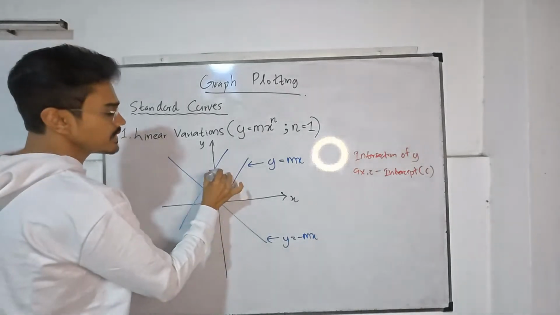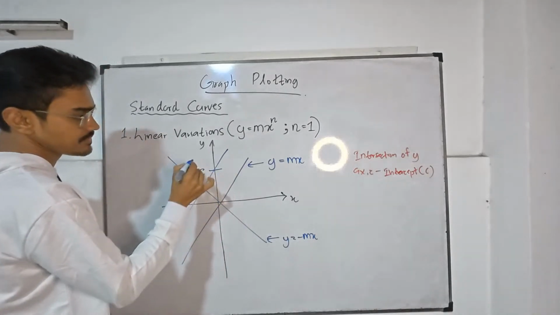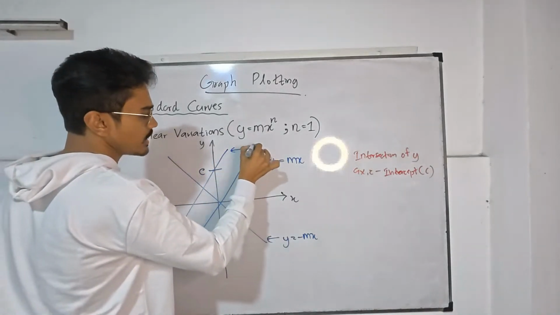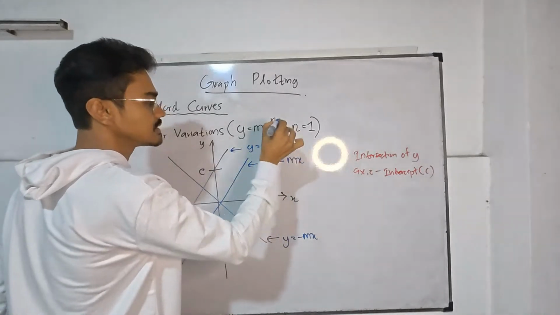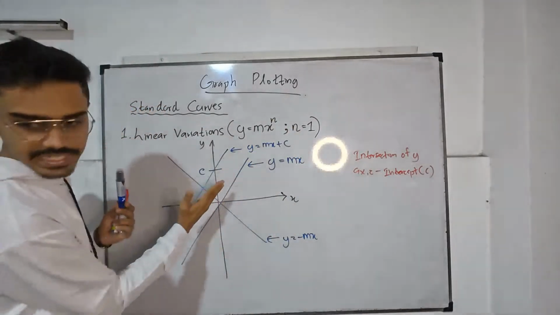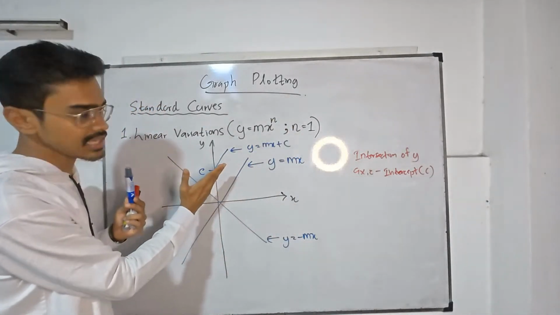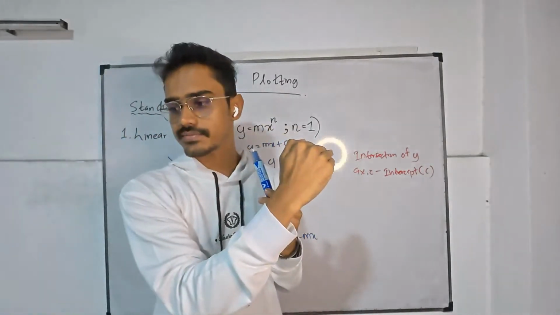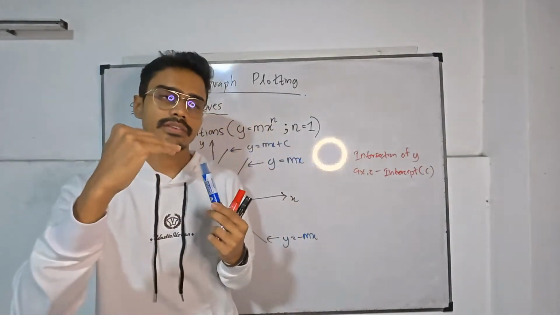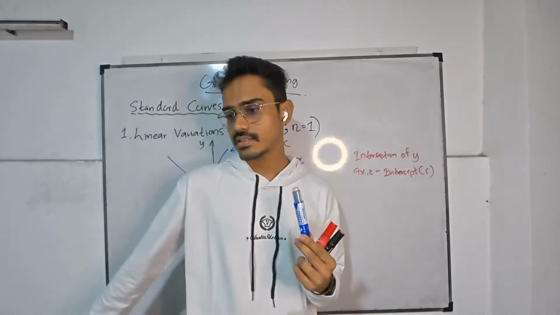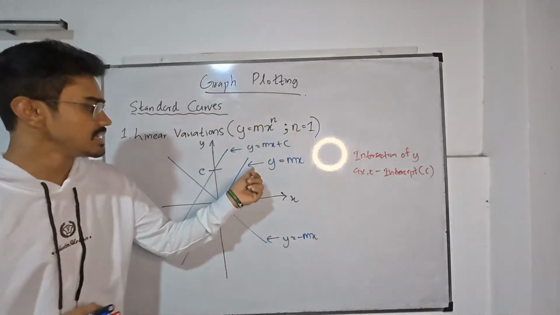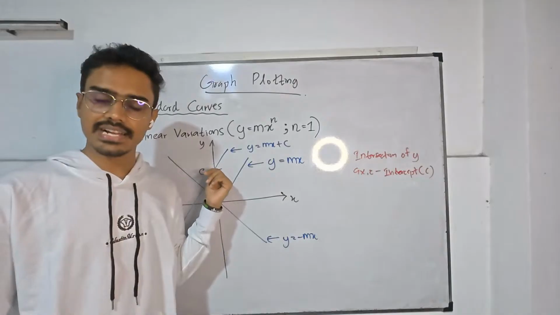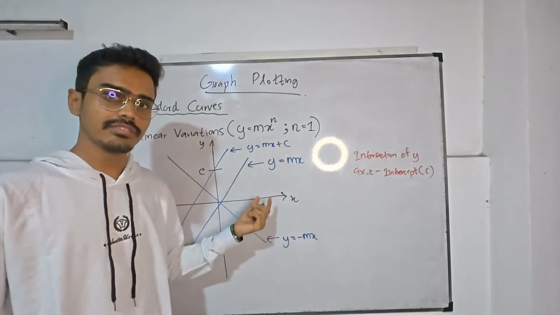When this curve intercepts at this point, this is called y equals mx plus c. m determines the gradient, the angle, and c determines the point where it intersects the y-axis. You can see it from the variation. Now, when the y-axis is intersected, the value of x becomes 0.